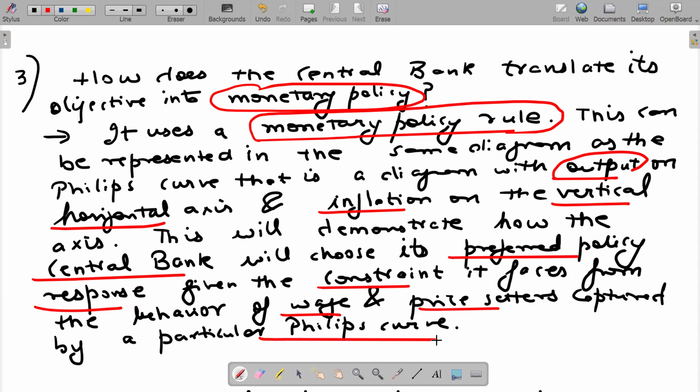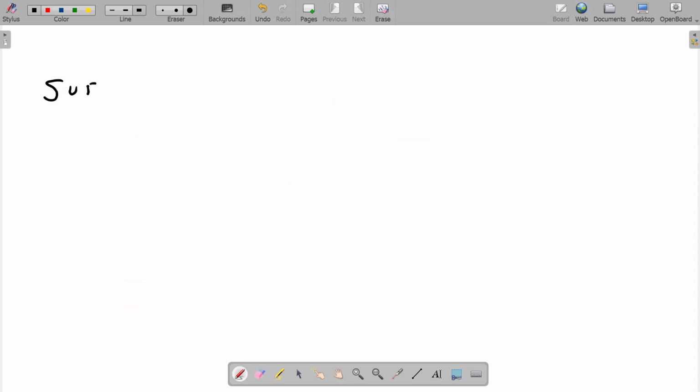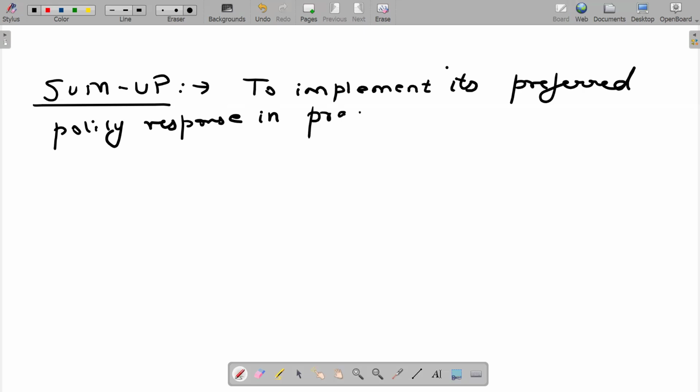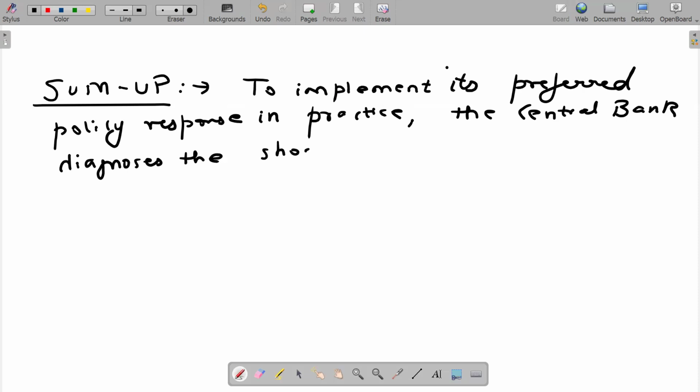Okay, so I can now sum up this lecture. If I erase all this off, I can sum up that to implement its preferred policy response, in practice, the central bank diagnoses the shock and its forecast effect on inflation and output.